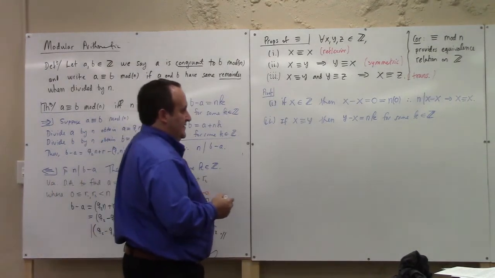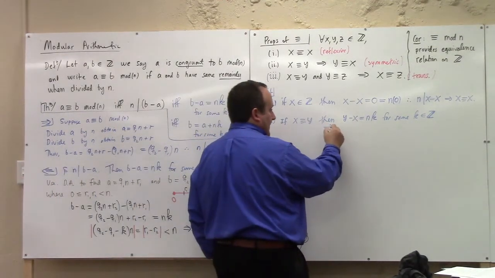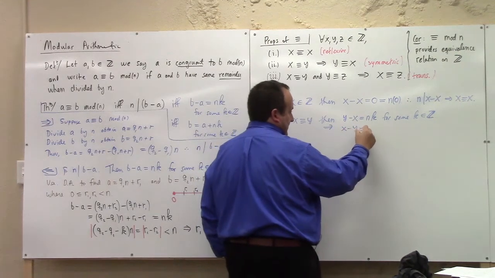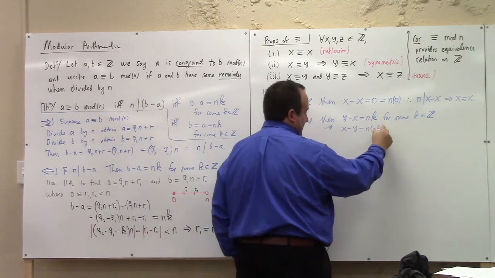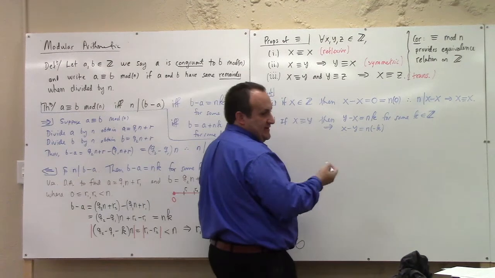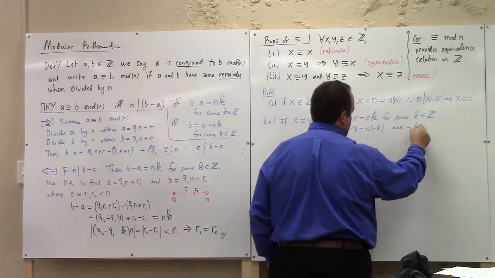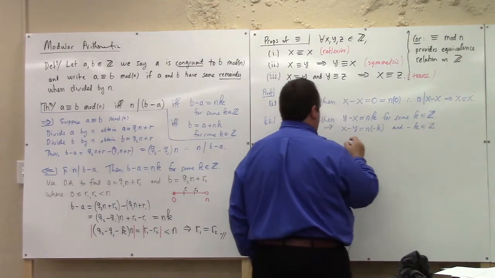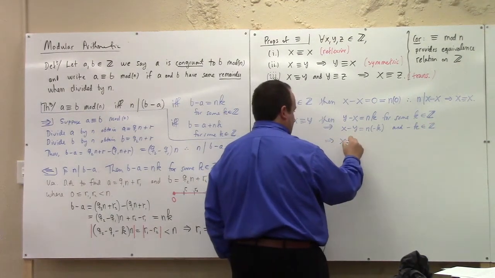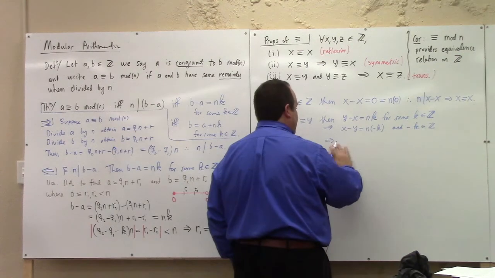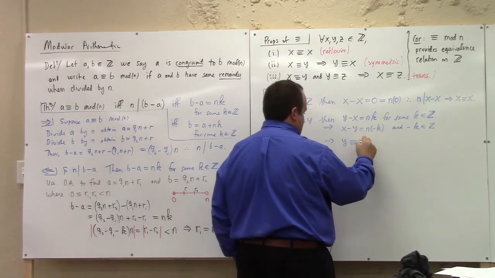But what's that tell us? x minus y is n times minus k, right? And minus k is an integer. So therefore what? y is congruent to x.